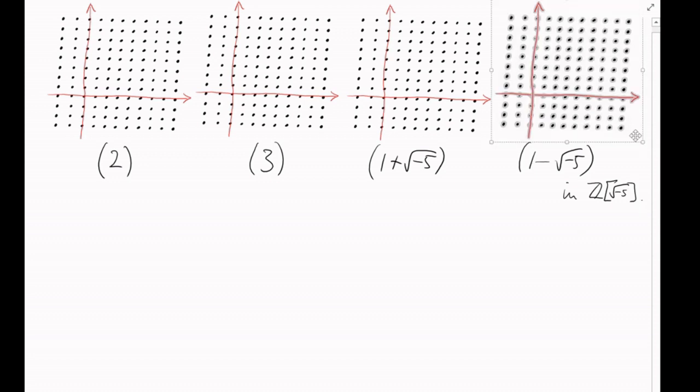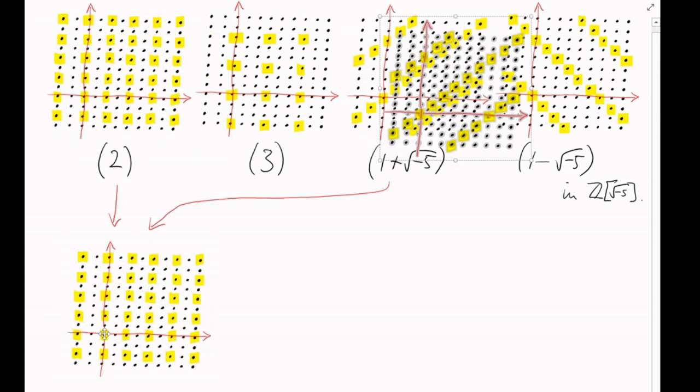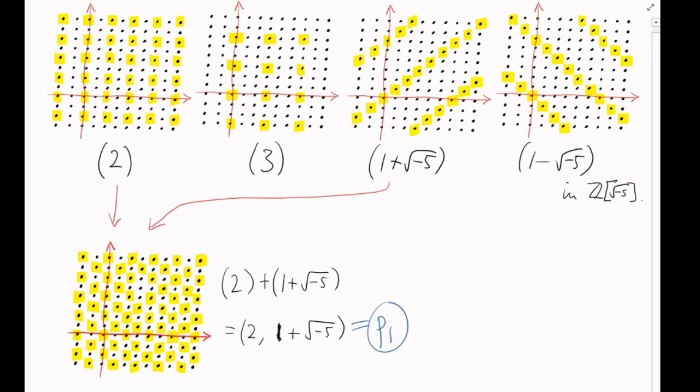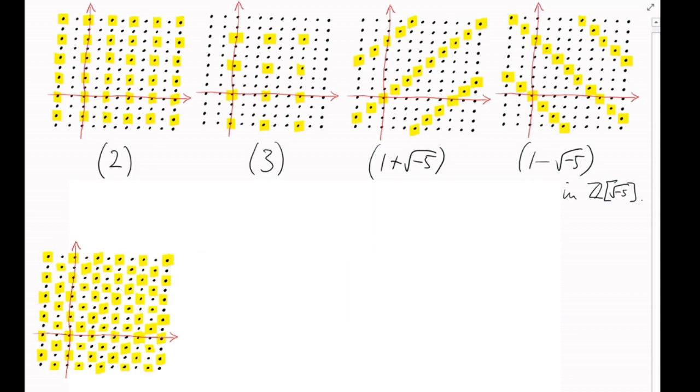Here's the ideal generated by 2, and here's the ideal generated by 1 plus root minus 5. We wanted them to share a prime factor. Okay, well here's their ideal sum. Let's call it P1 for prime. And I'm going to write it like this. It's going to be the prime generated by 2 and 1 plus root minus 5. We can do the other pairs as well.